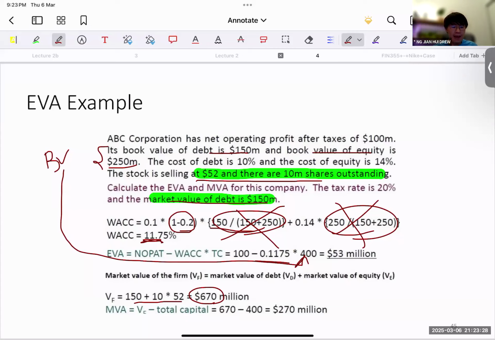So our market value added is basically 670 minus our total capital, which is 400, given by this and this. This gives us how much value from the market is being added to the firm. Basically, we calculate the firm's market value minus the book value, and this is how much market value added is given to the firm, MVA.